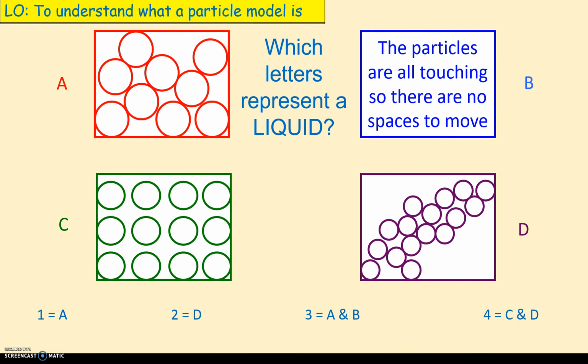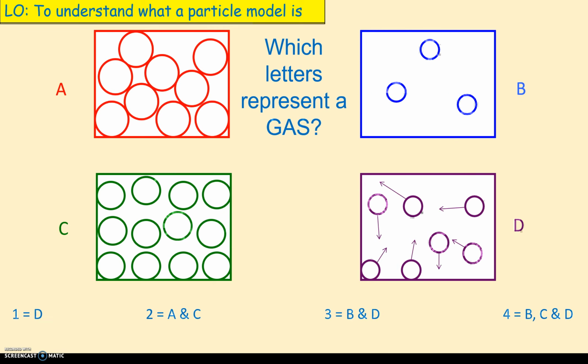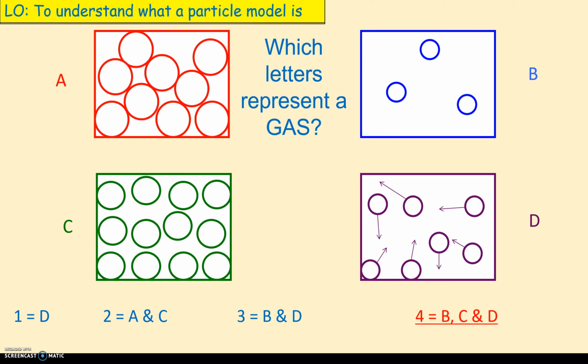Next one would be liquid. Which letters represent a liquid? Please quickly shout or write your responses down. The answer would be A. And finally, which letters represent a gas? And the answer would be B, C, and D, because they're so loosely arranged.